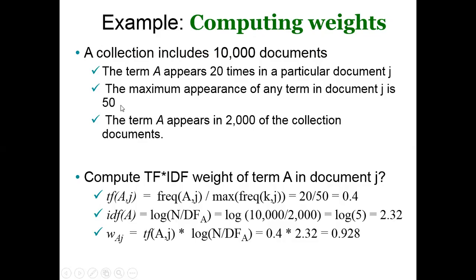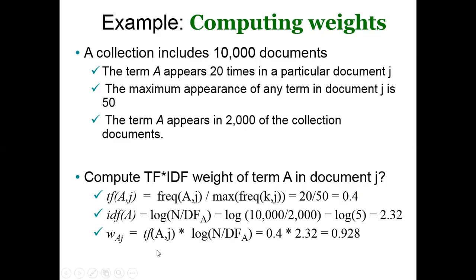That will give us 20 over 50, 0.4. So relative to the whole distribution of terms in that document J, term frequency of A is 0.4. That means the importance of term A in document J is 0.4.